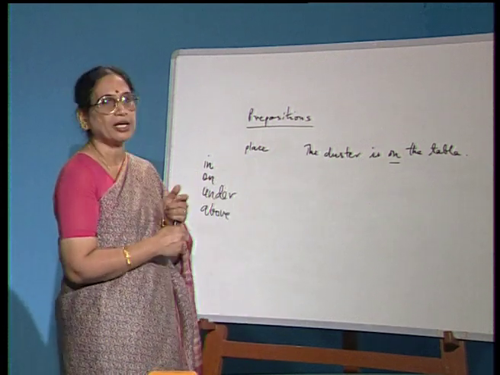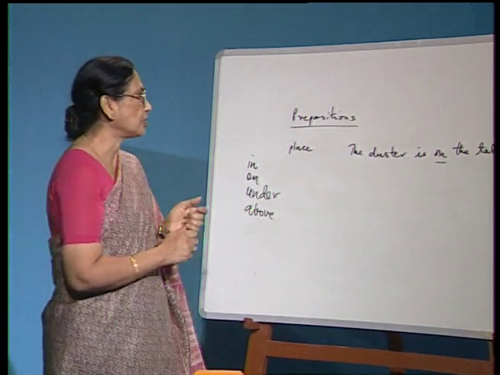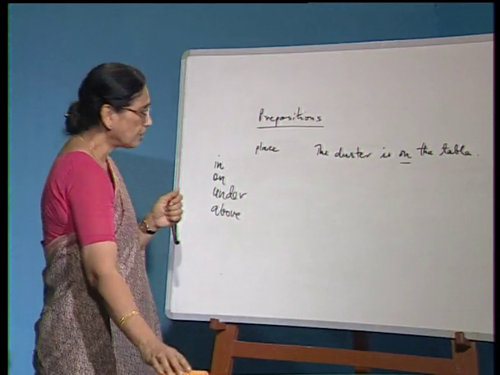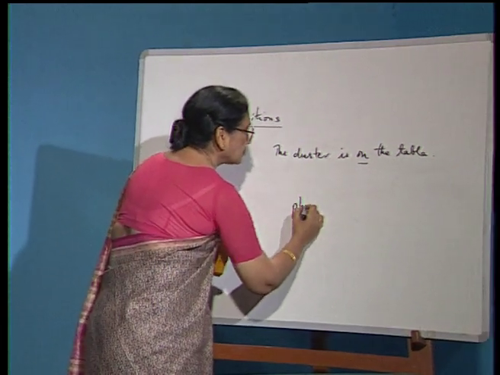But as I was saying, let us go back to the idea about the verb preposition combination. We have verb preposition combinations, and actually this is called the phrasal verb.